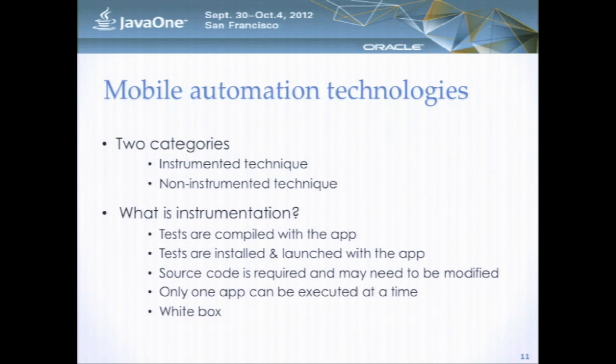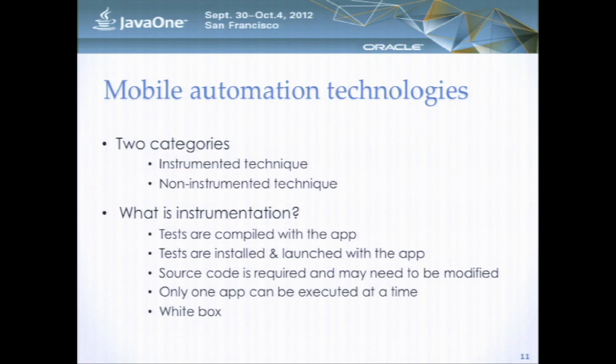Robotium requires that you create a test project and add your source code, your mobile application, as a dependency to your tests. If there are bugs and your code can't compile, your test won't compile and your test won't be able to install. So there's a dependency there, and that's a strict form of instrumentation that requires your source code to be included as part of a test.